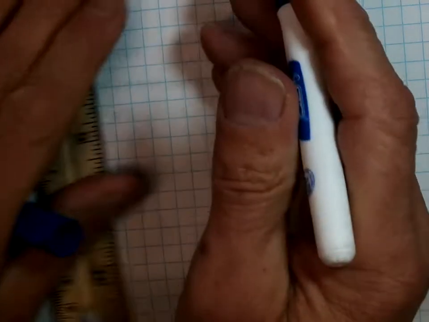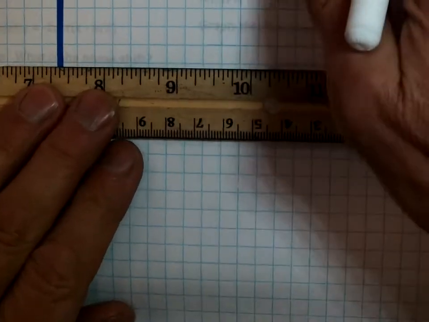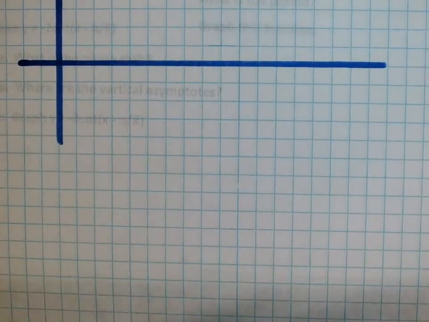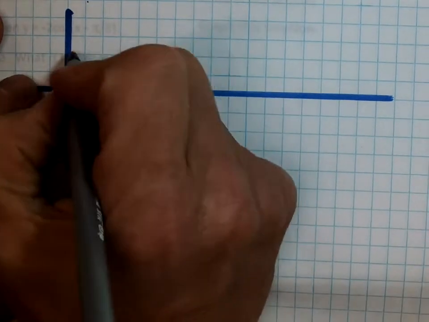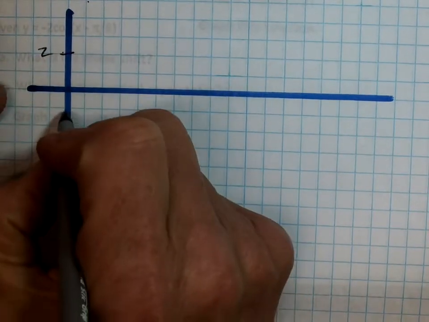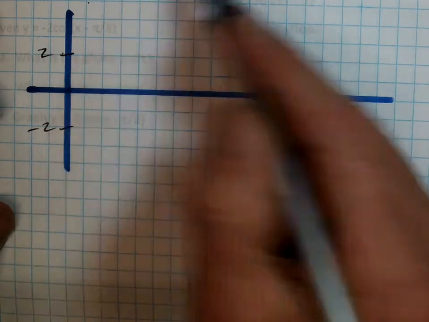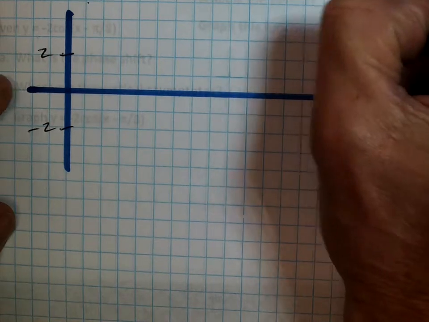Okay, here's what we're going to do. All right, let's graph this. And we're going to go from 2 to -2 because that's my amplitude, right? So the amplitude is the absolute value of negative 2, which is 2.